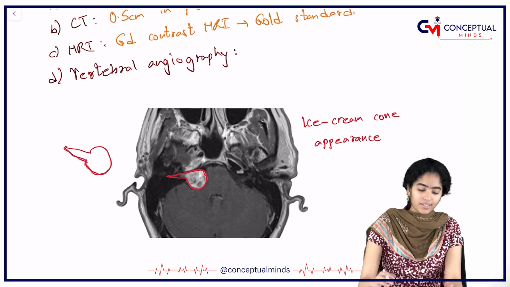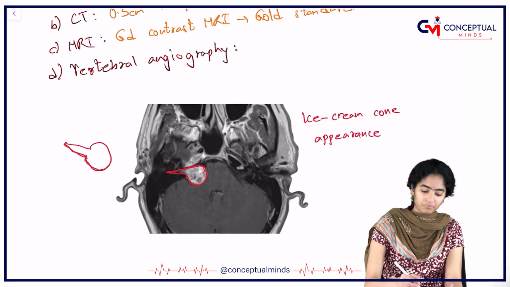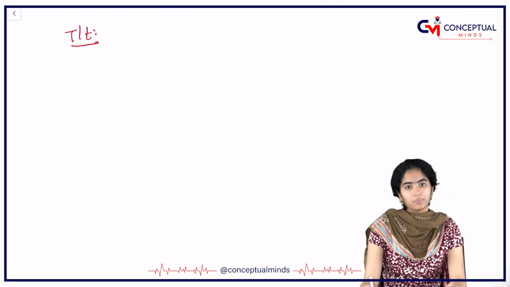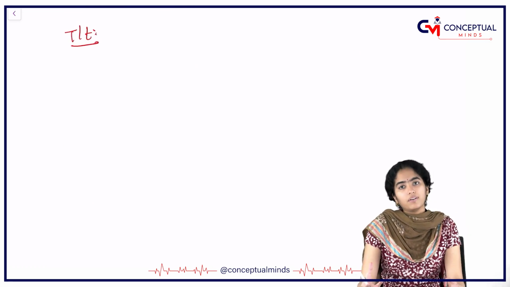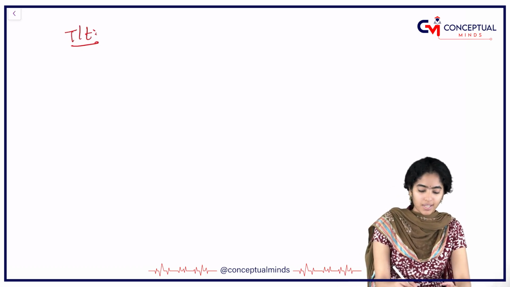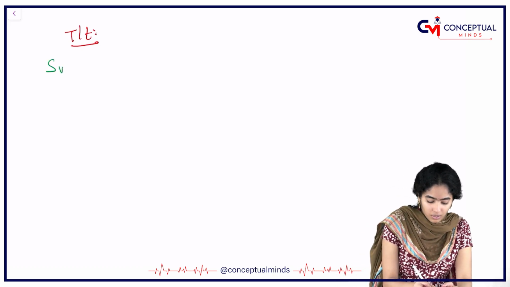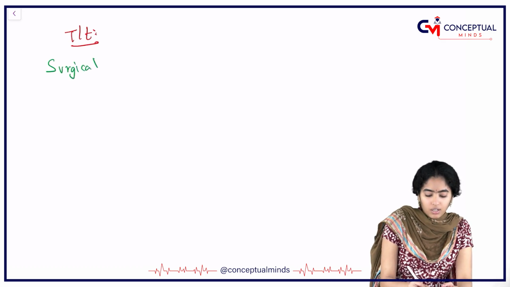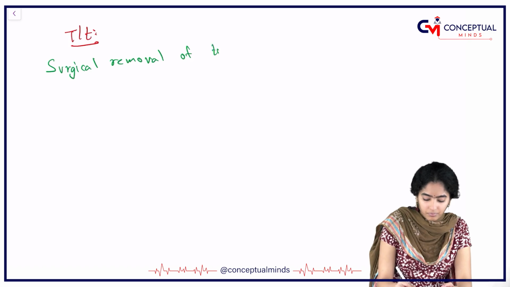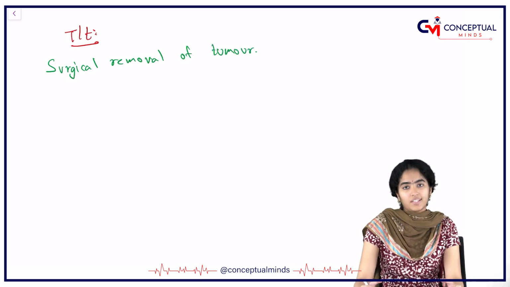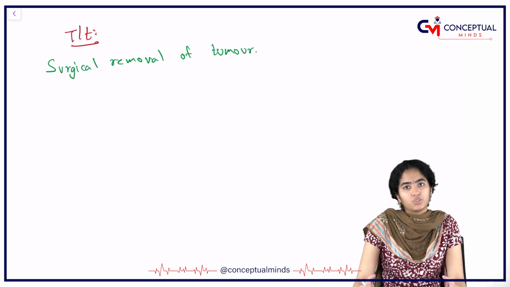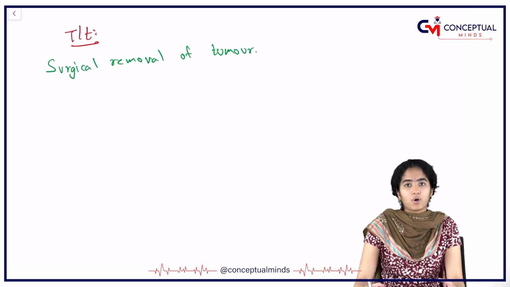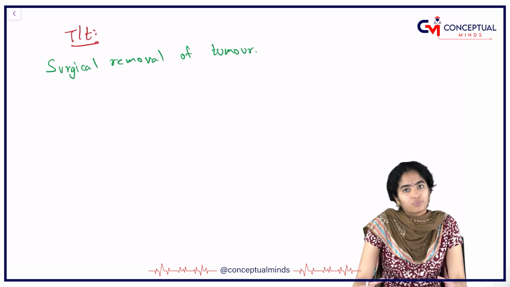Okay. Now let us move on to the treatment of acoustic neuroma. It is a tumor and it has to be removed, surgically resected, as simple as that. Surgical removal of tumor. Now there are various approaches to remove the tumor, and that depends upon the stage and the size of the tumor.